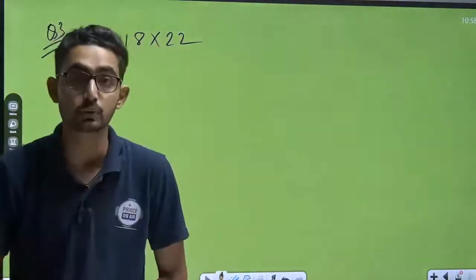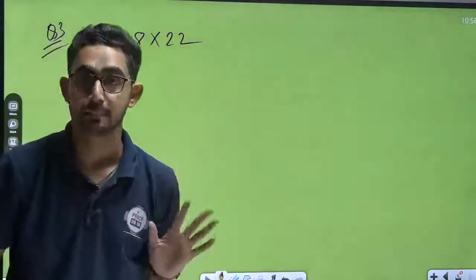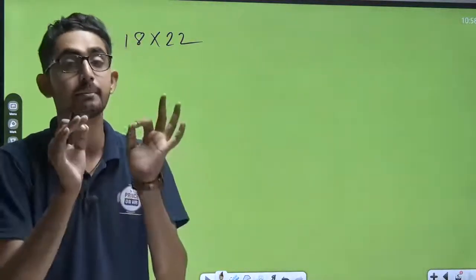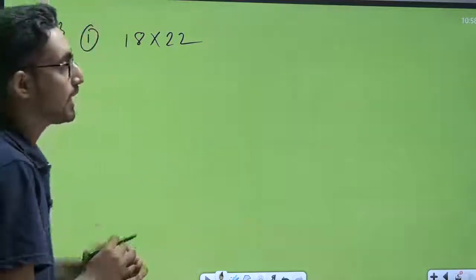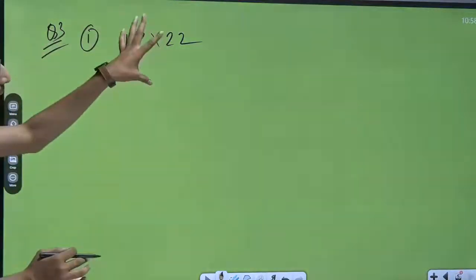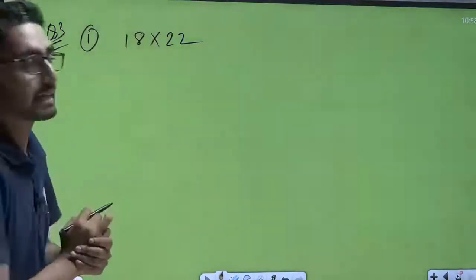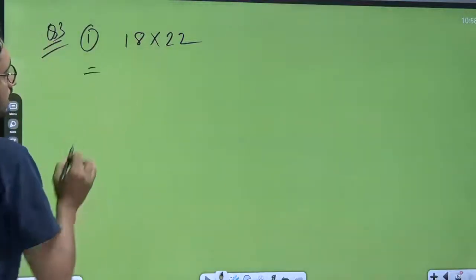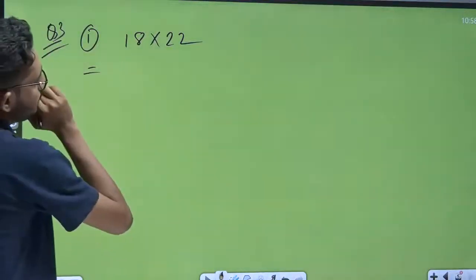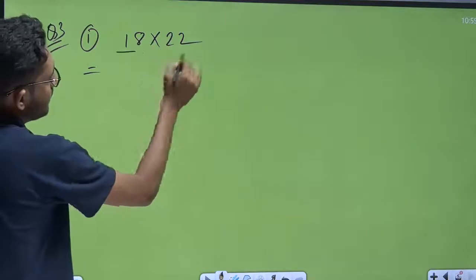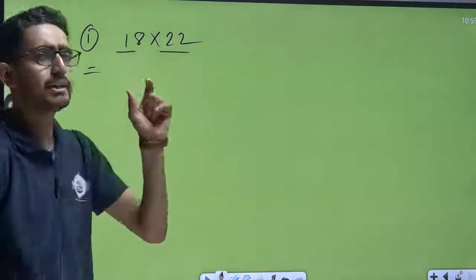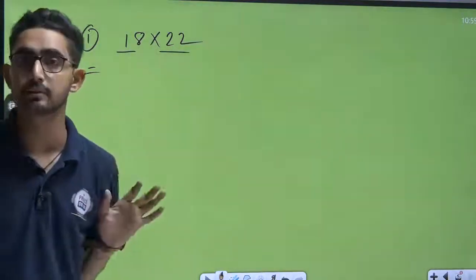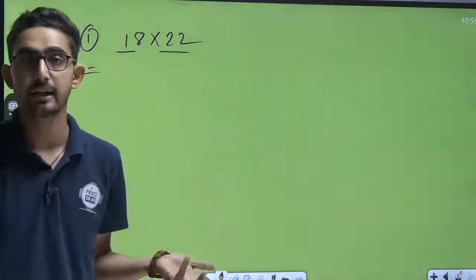So this question says, question number 3: using the identity for the difference of two squares, find the given expression. What is the meaning of the question? We have to use the identity and make one pattern.